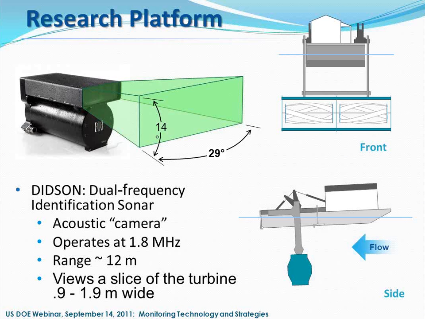On the research platform, we mounted two of these, what are fondly called acoustic cameras, or DIDSONs, that some people might have heard of. The picture there shows you the field of view. And you'll see where the DIDSONs were actually mounted on the research platform and the view that allowed.